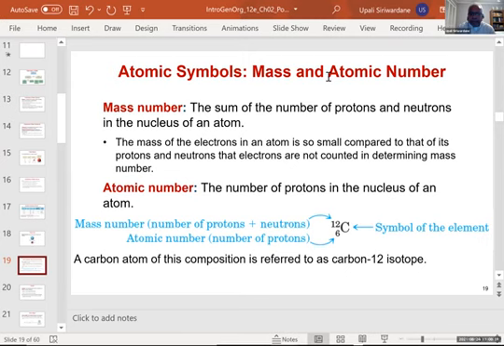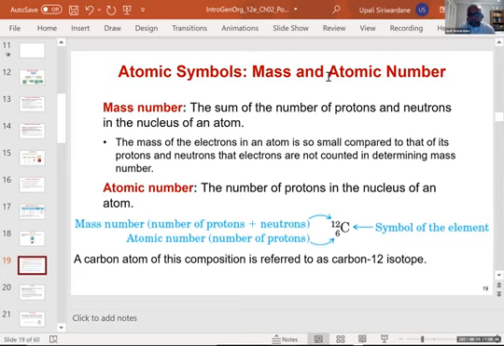So for example, we write down expanded atomic symbols, with 12 as a superscript and 6 as a subscript. 6 is the atomic number, 12 is the mass number. Therefore, 6 protons from the atomic number 6. 12 is the sum of 6 plus 6 protons and neutrons.